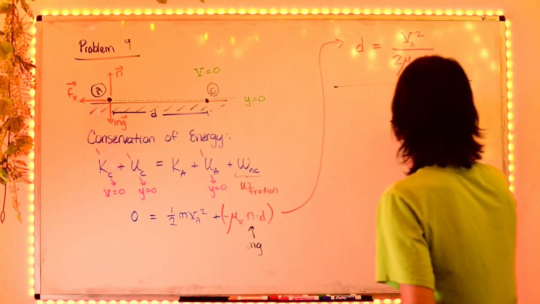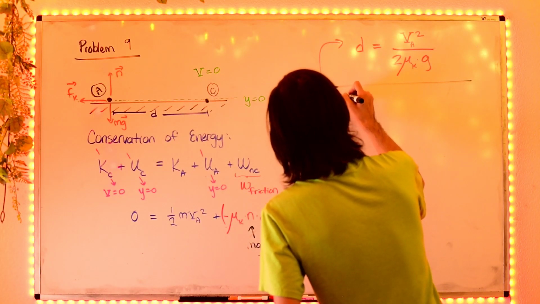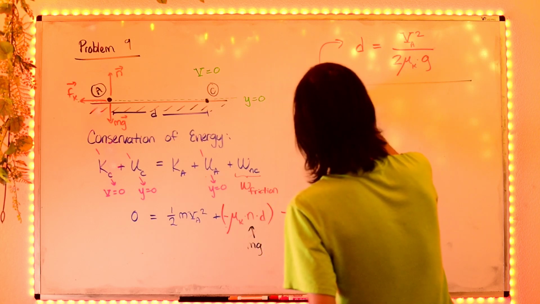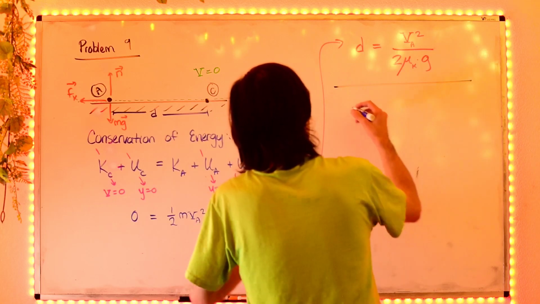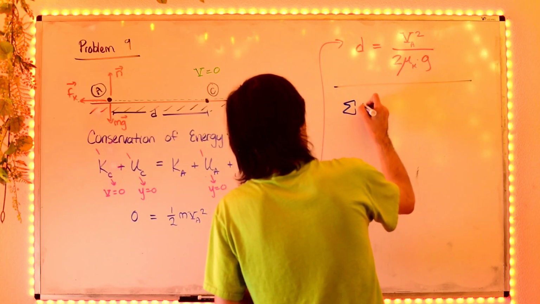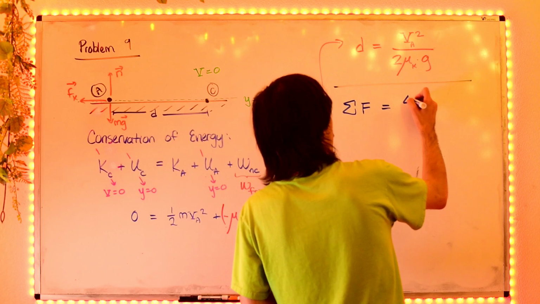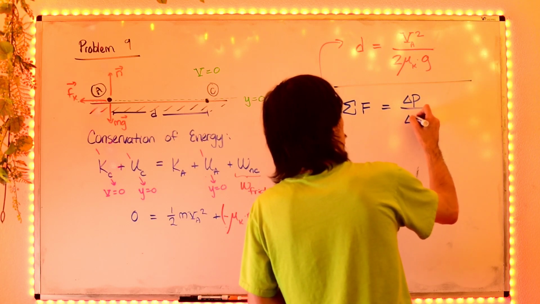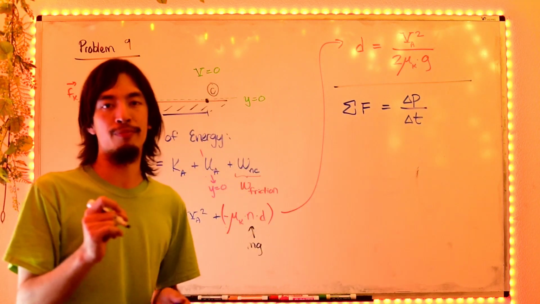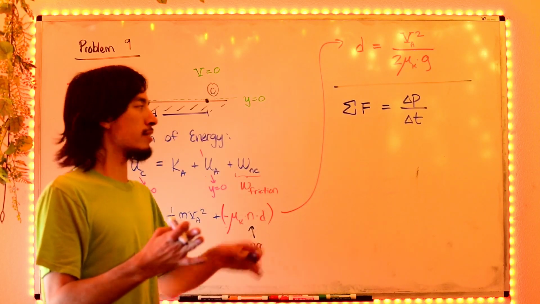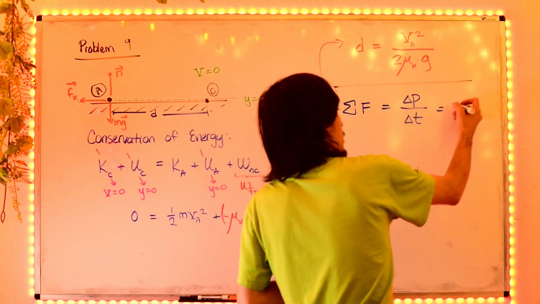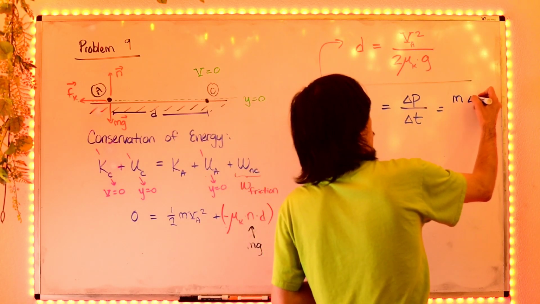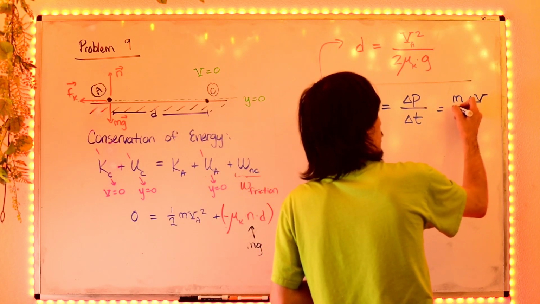The friction force, which is going to be our net force, is the change in momentum over change in time. The impulse is the change in momentum, and we know that change in momentum can be written as mass times the change in velocity.